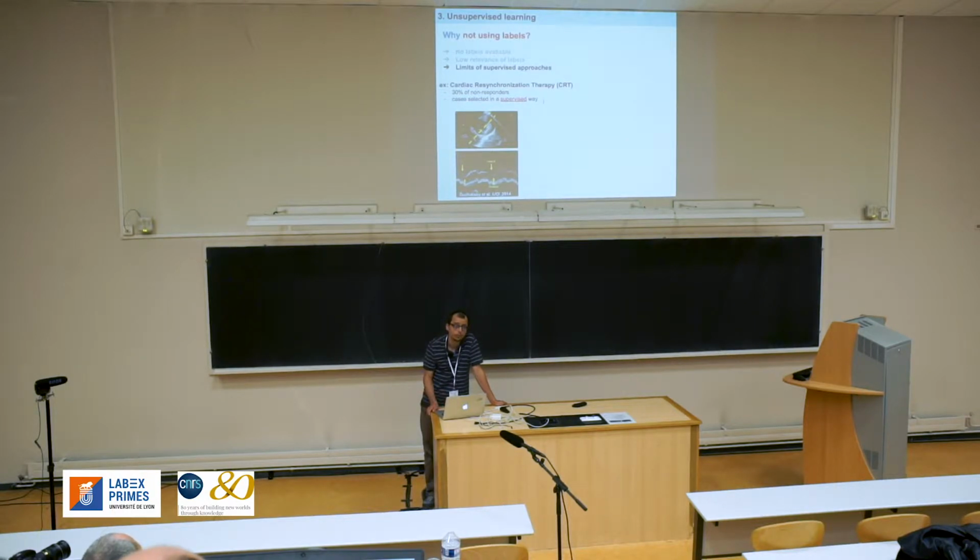These patients are equipped with a pacemaker that is supposed to resynchronize the heart, to make it contract synchronously. And patients are selected in a supervised way. And there are still a third of patients for which it doesn't work, which is very problematic. So these are the kind of abnormalities you see, like dysynchrony that happens.